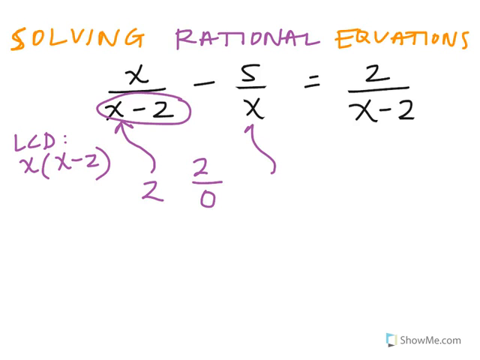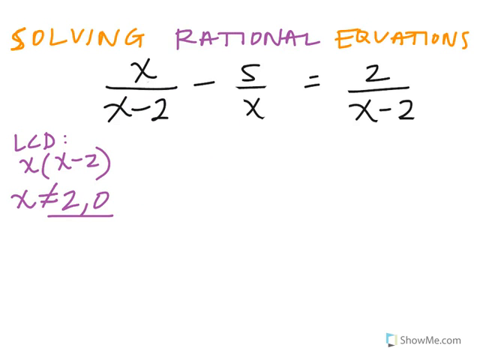Similarly, if x were 0, we'd have 5 over 0, which is undefined. So 0 also cannot be a solution. Off to the side I'm going to write that x cannot equal 2 and x cannot equal 0. Then after I've solved this equation, if I get a solution that's either 2 or 0, I'll know that I need to throw it out because it cannot be a valid solution.